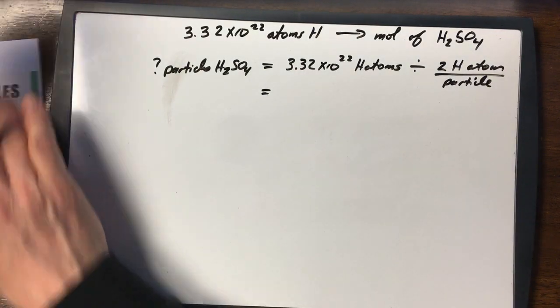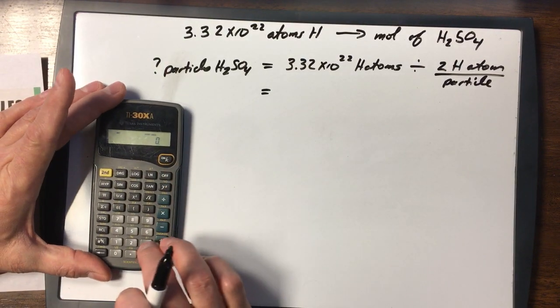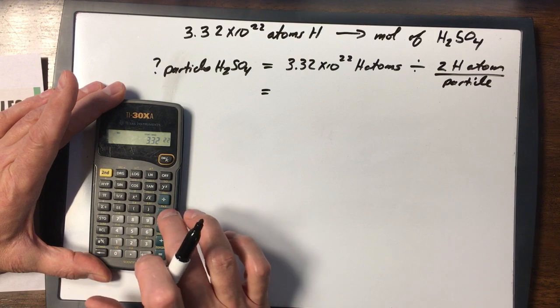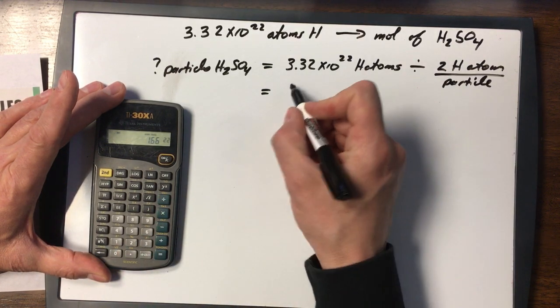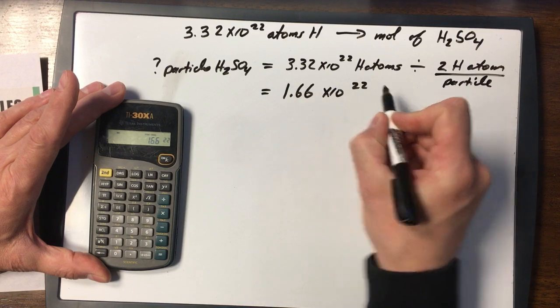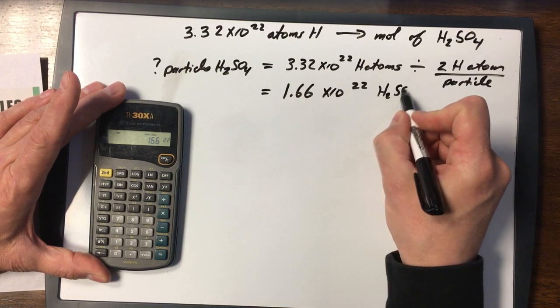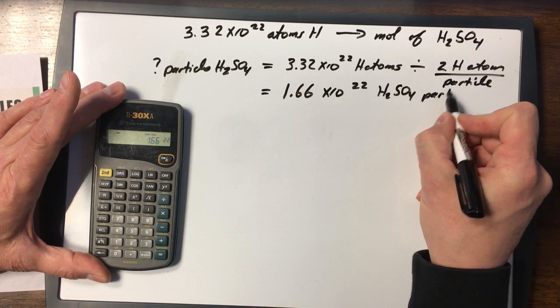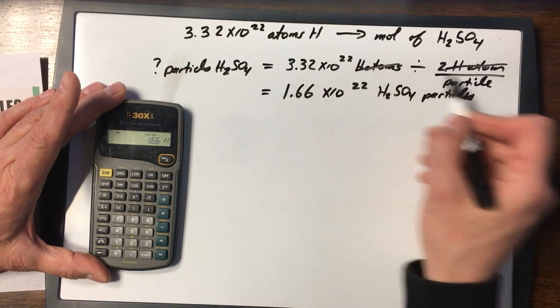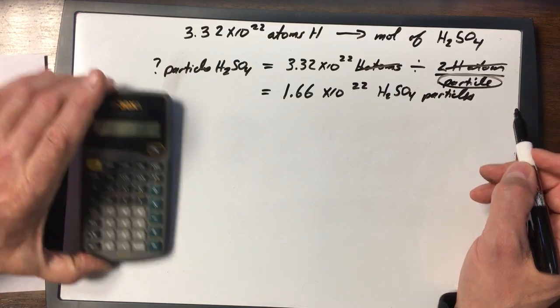So we're going to take this and do our calculation. 3.32 times 10 to the power of 22 divided by 2 is equal to 1.66 times 10 to the power of 22 H2SO4 particles. We can call them molecules if we want. The hydrogen atoms cancel and we're left with the particles.